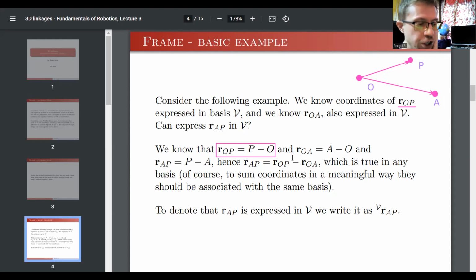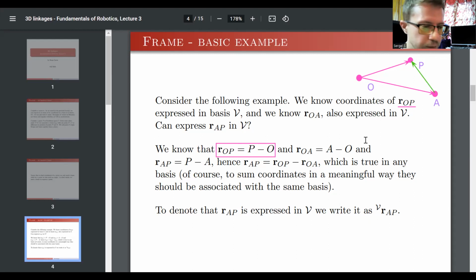Okay, so the question now is, can we find a new vector that would point at A or at P from A? So what we want is this green vector here.